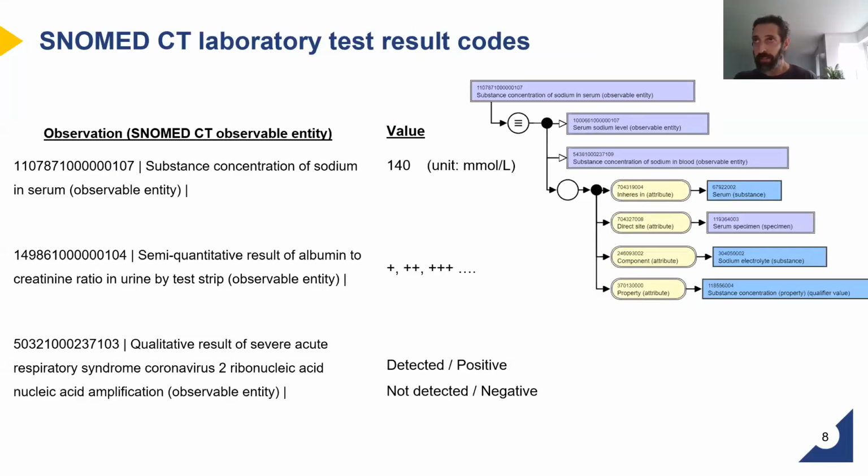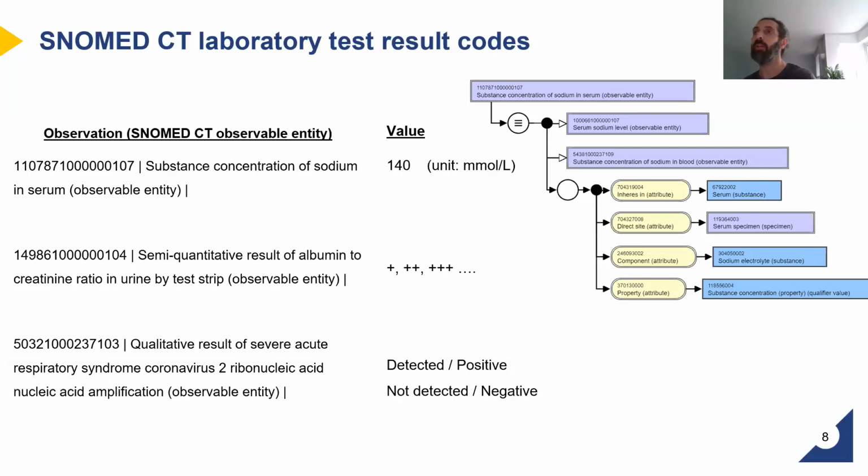So when we talk about the lab test results in a code system, in SNOMED CT, what are we talking about? It's the observation codes. So the observable entity hierarchy, the codes that take a value. And I put in three relatively straightforward examples there to illustrate the range of data types.